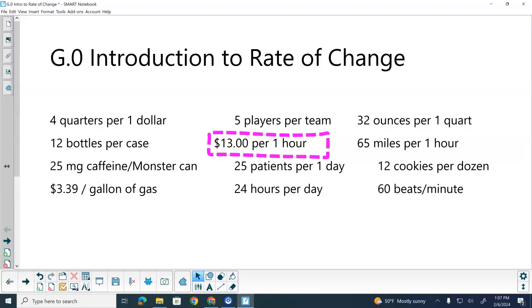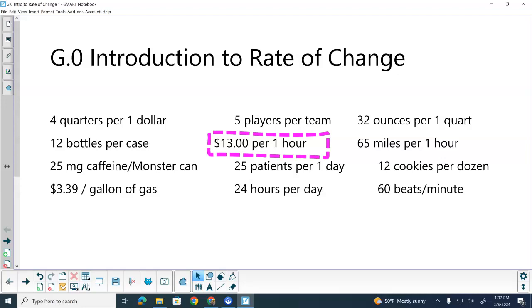Are these rates of change? Is it one quantity, how it relates to another quantity? Is it how one thing relates to something else? So what are we doing with those two things?